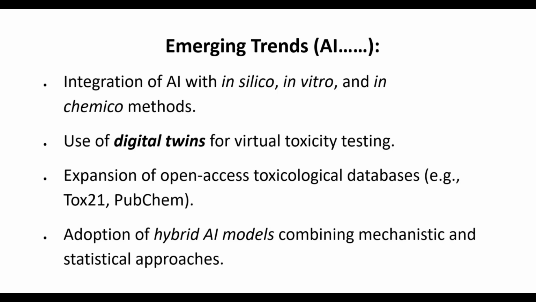So it's a virtual model of the organism, tissue or organ that exactly mimics, or sometimes with some differences, a real biological system in structure and function, so it's really transformative, I can say. It's a very important advancement in regulatory toxicology.